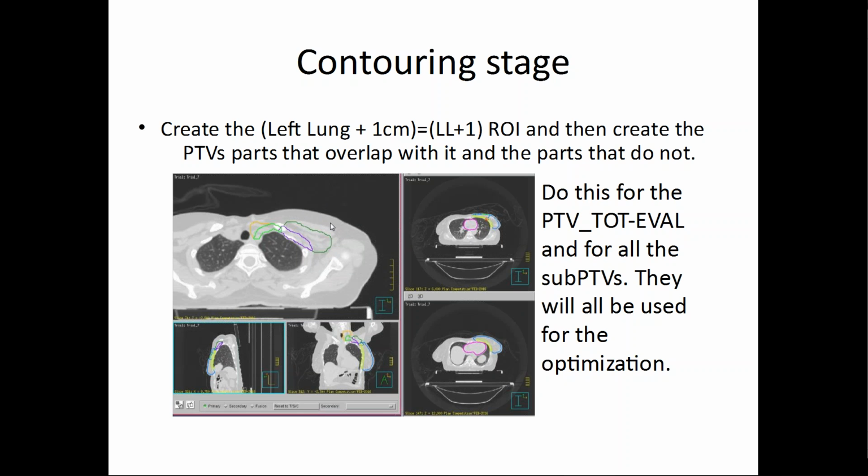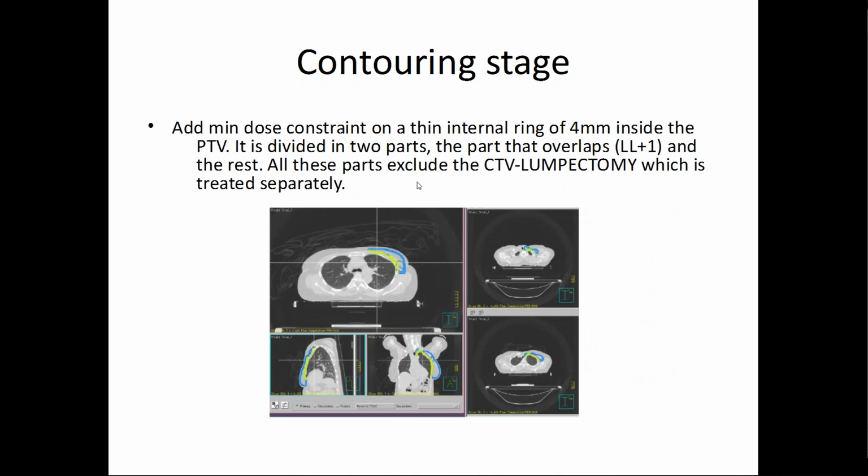segment them in two parts. The part that overlaps with the left lung with 1 centimeter margin, and the other part which is farther from the lung. I usually had another control on a thin internal ring of 4 mm inside the target to control the dose in the border of the target.